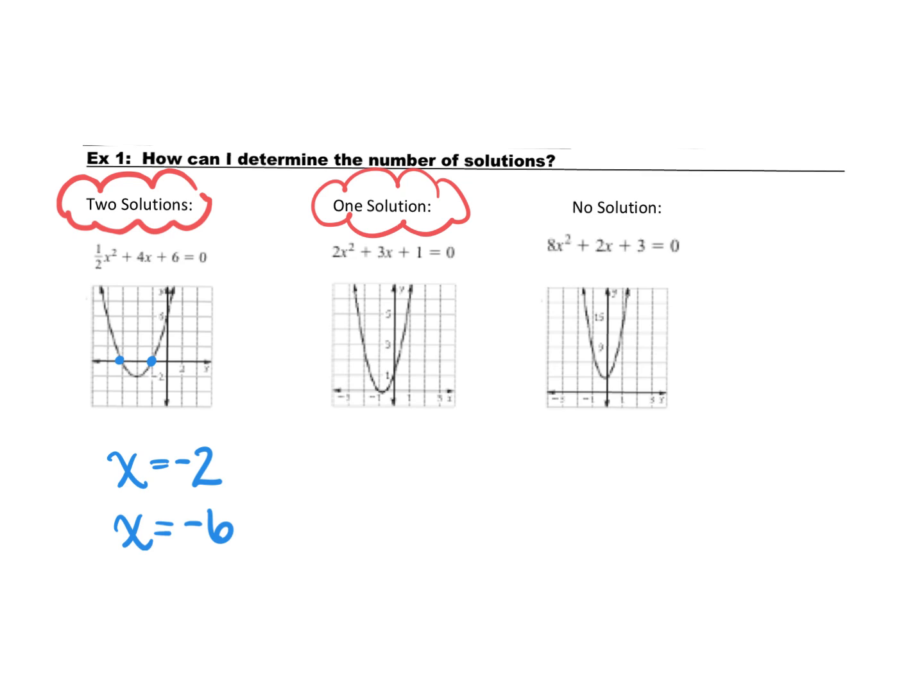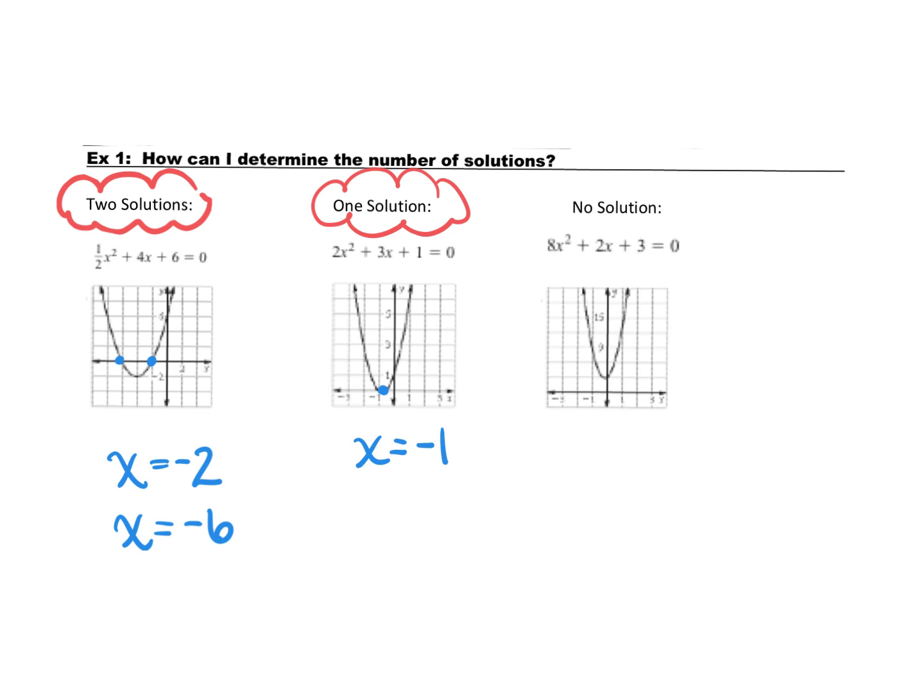And it has one solution because it is crossing the x-axis at just one place. Our vertex is there on the x-axis. So in that case, our solution here is x is equal to -1.